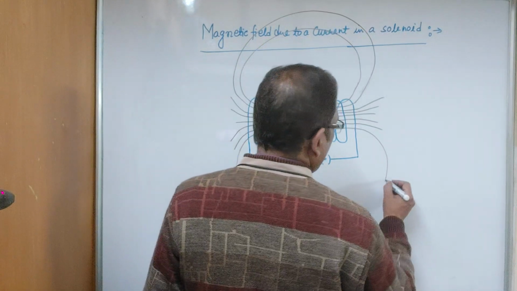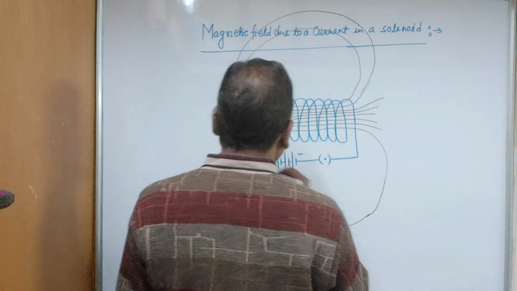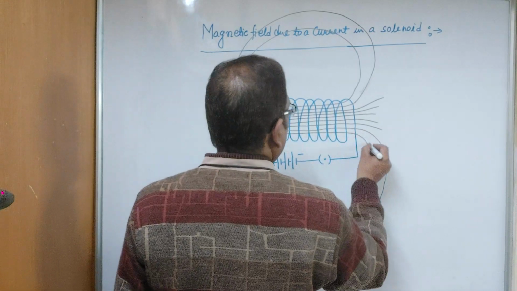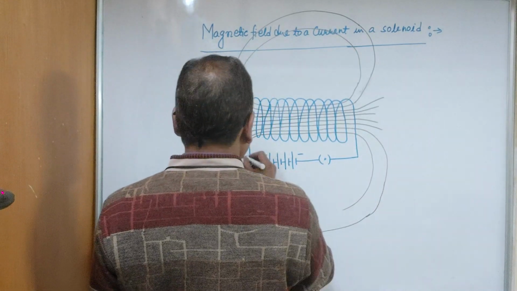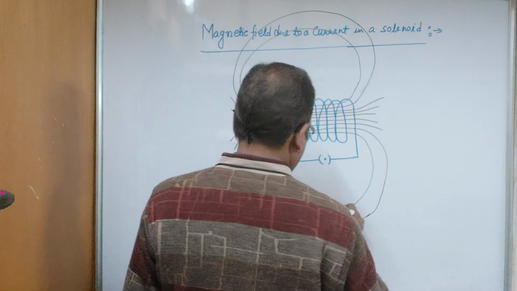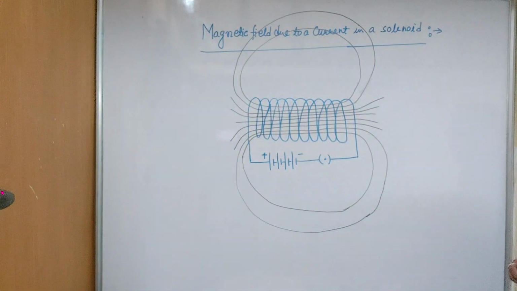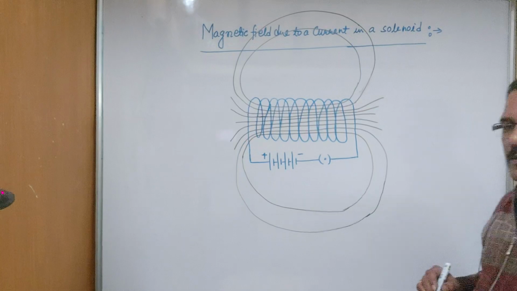So this is the field I have roughly drawn around a current carrying solenoid. You have to practice it several times and must mark the direction of field lines.